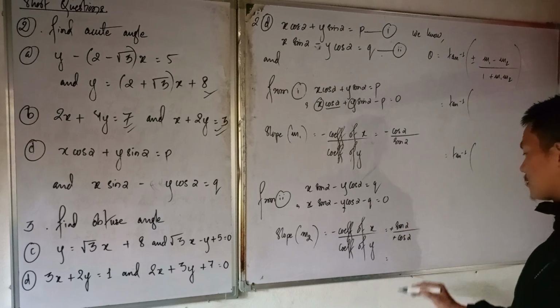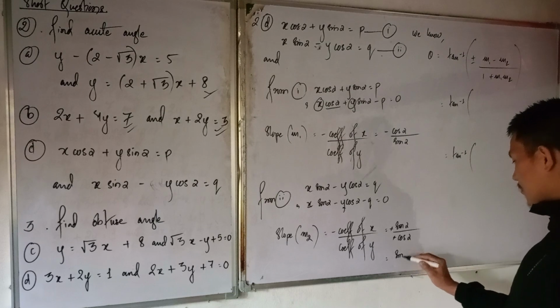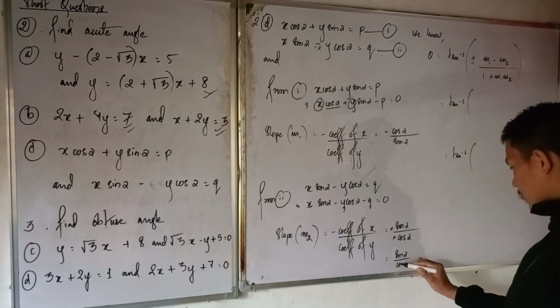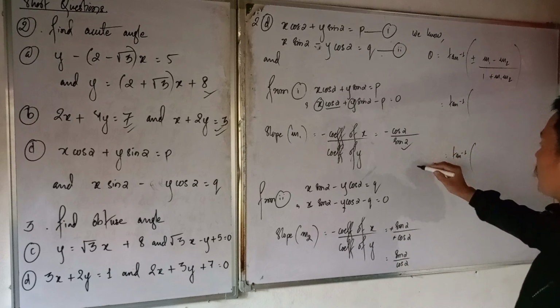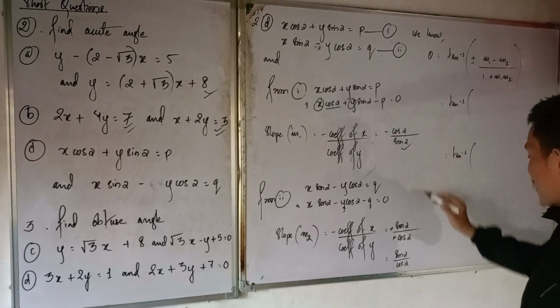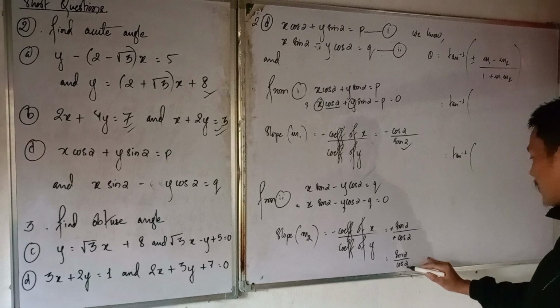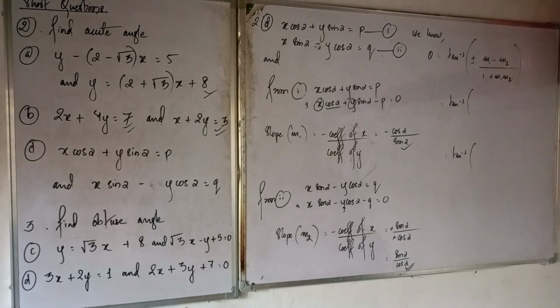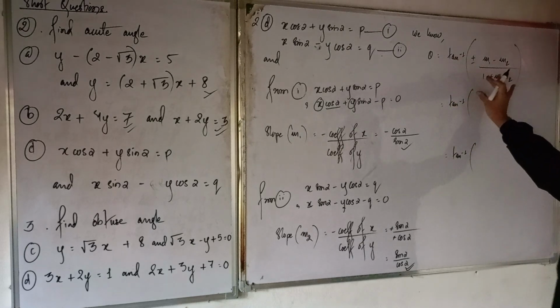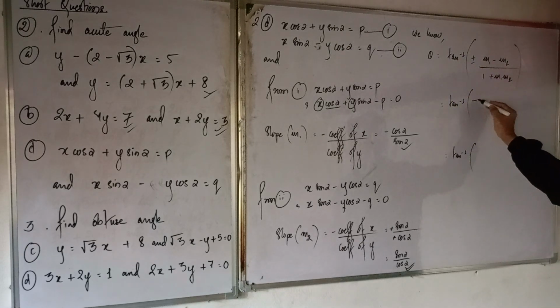Minus gets cancelled. The remaining is sin alpha by cos alpha. So we have m1 as cos alpha by sin alpha with a minus, and m2 as sin alpha by cos alpha. So you just replace the values, the formula is the same.